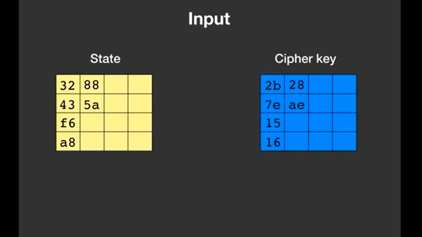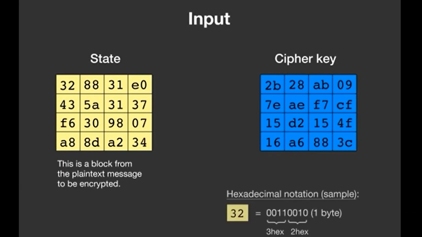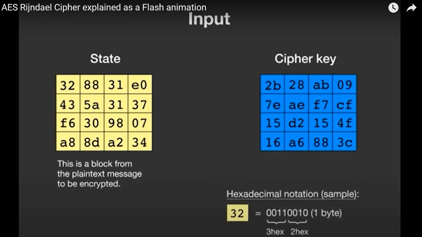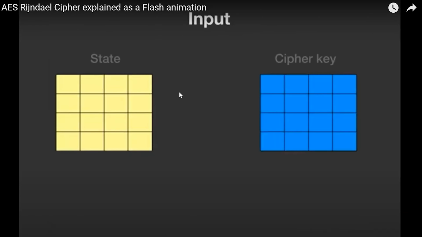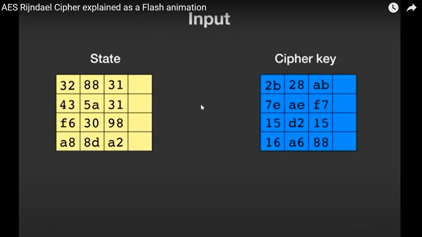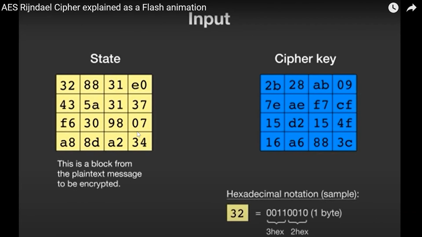So this is how the key is filled. Remember that they fill it from top to bottom. So if I go back, you see that both the key and the plaintext are filled column by column. Every value over here is a hexadecimal representation of that byte.